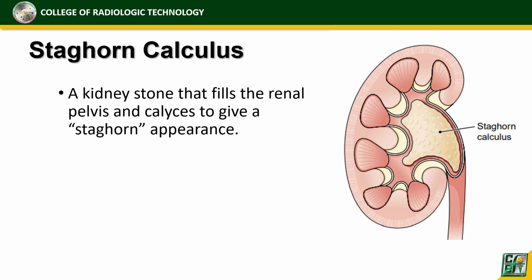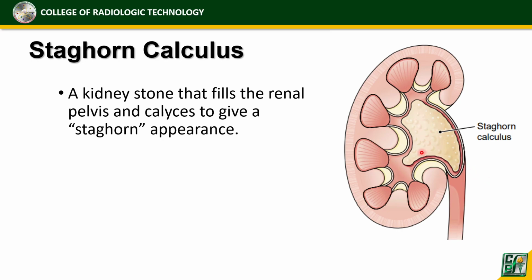So in this slide, it tells us about the staghorn calculus or calculi. It is a renal stone or kidney stone that fills the renal pelvis and the calyces to give a staghorn appearance. Para siyang, it appears like the horn of a stag. Ano ba stag? Male deer.